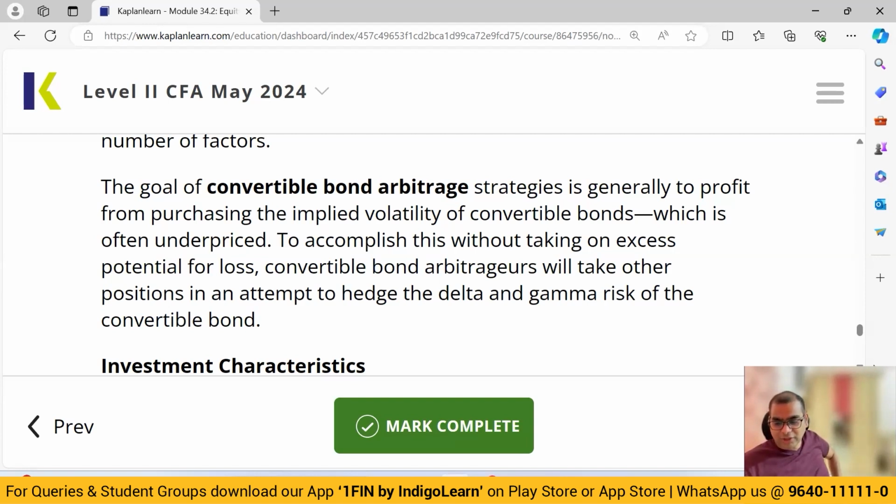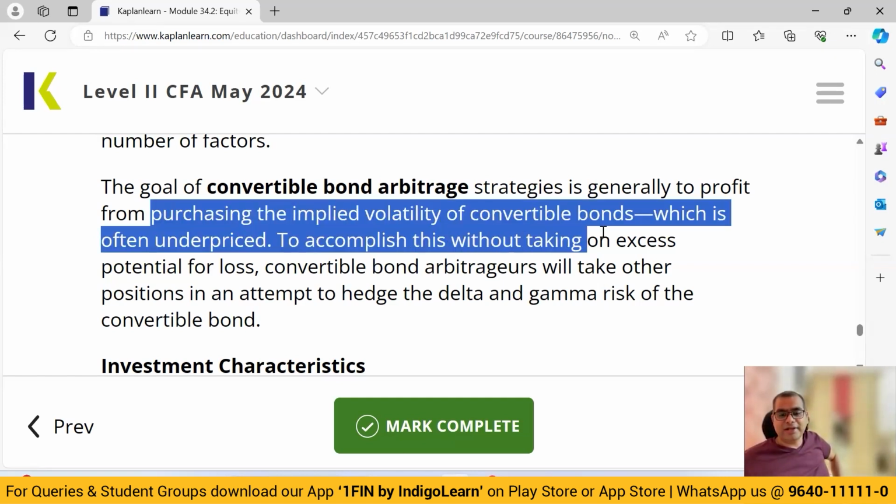Yes. Now, what is implied volatility? If you remember, I told you implied volatility is this: in the market, the option prices trade. We compute based on what we think is the volatility, but in the market there is an option price. You input all other parameters into Black-Scholes and find out the balancing number as volatility. Such a volatility is called market implied volatility. Okay. So in convertible bond strategies, you are purchasing the implied volatility of the convertible bonds.